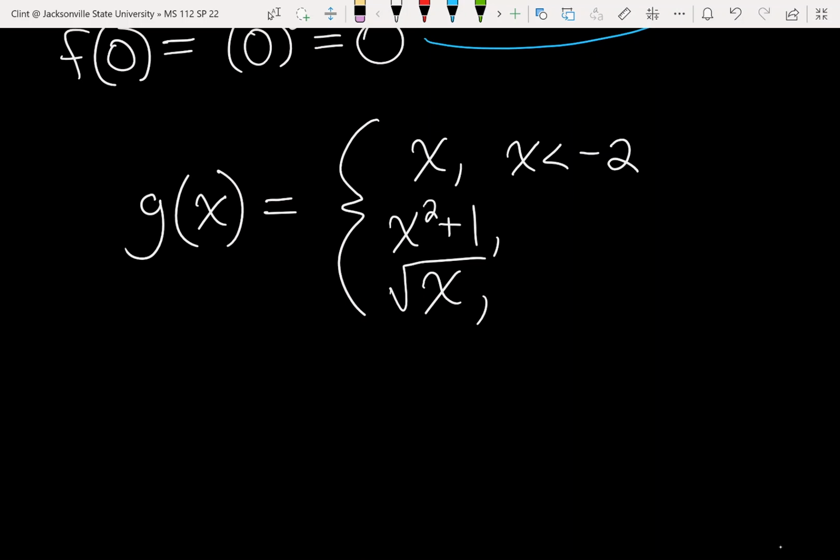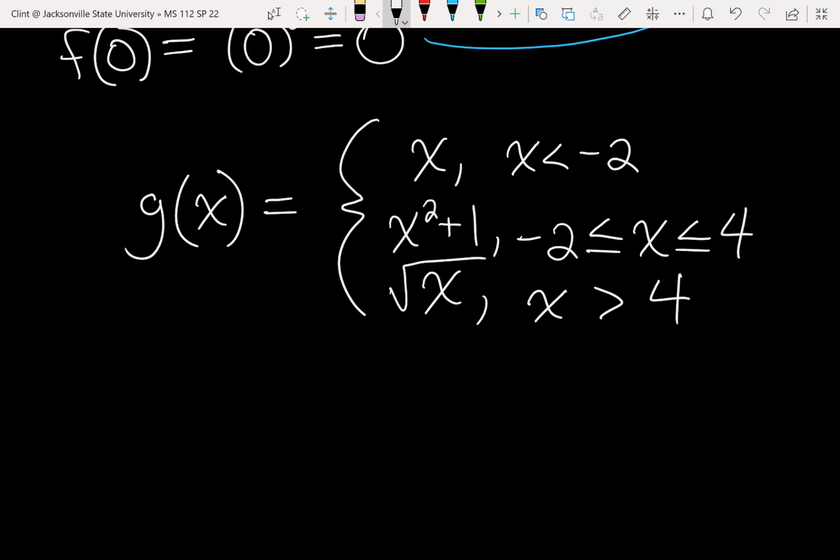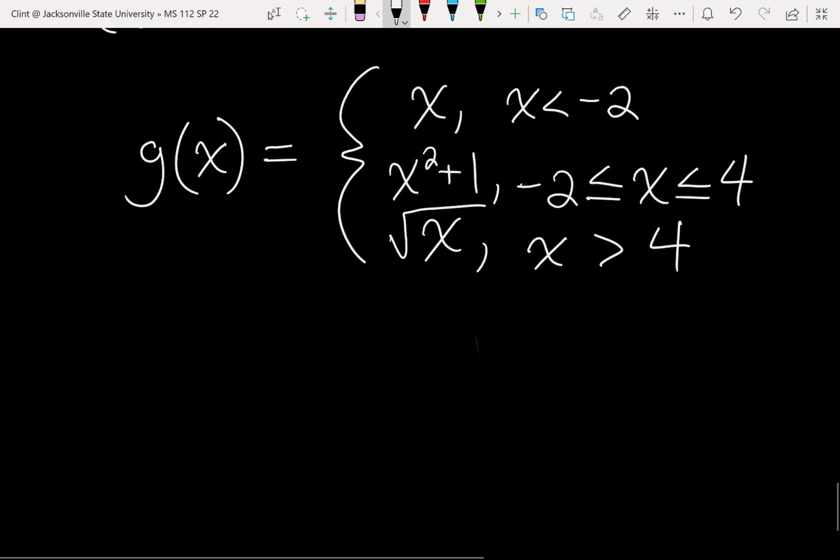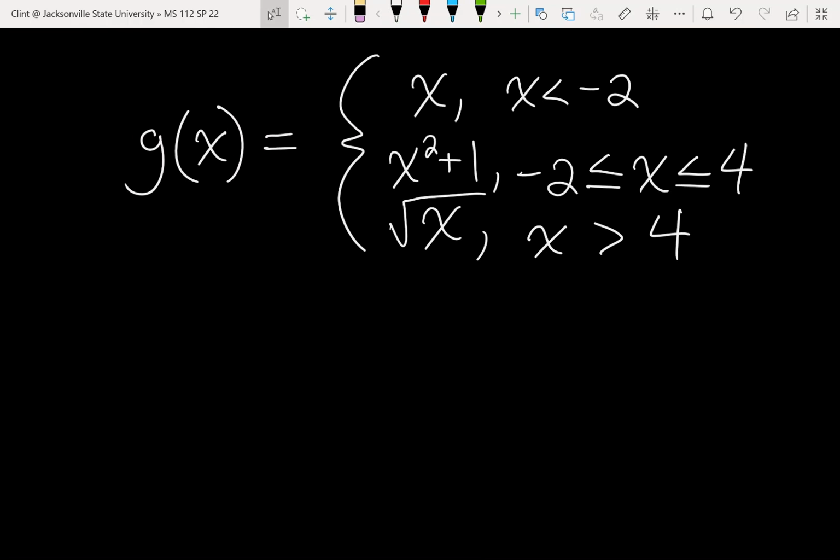Okay. There's one with 3 pieces, and I got kind of crooked there, sorry.